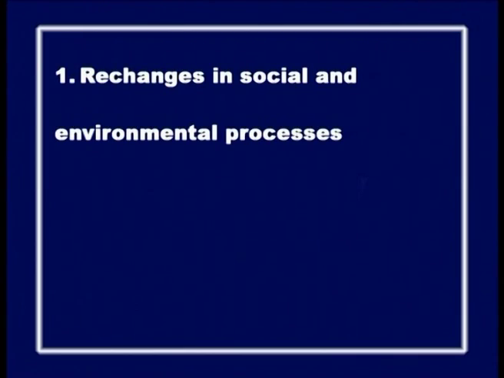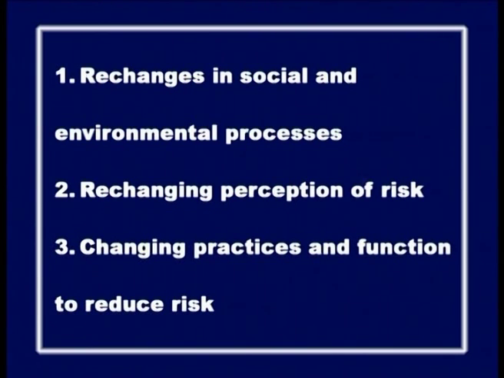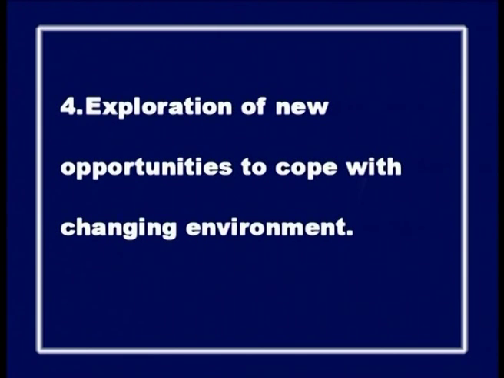There are 4 things to consider: the changes in social and environmental processes, the changing perception of risk, the changing practices and functions to reduce risk, and exploration of new opportunities to cope with the changing environment.